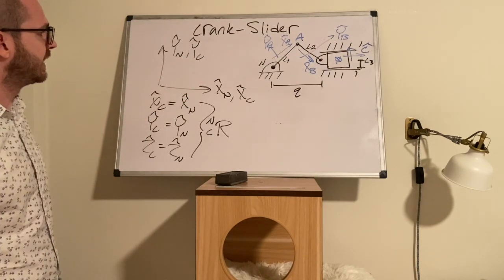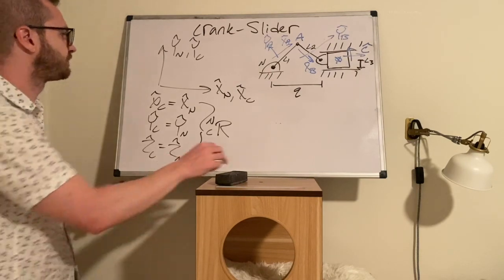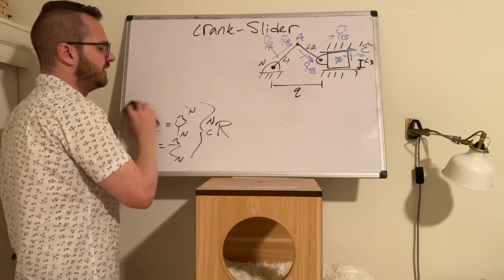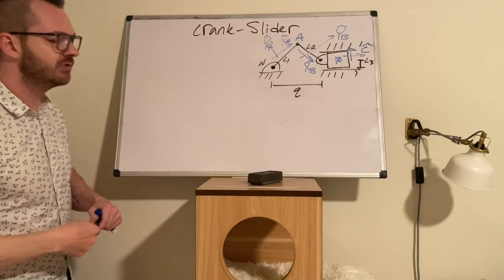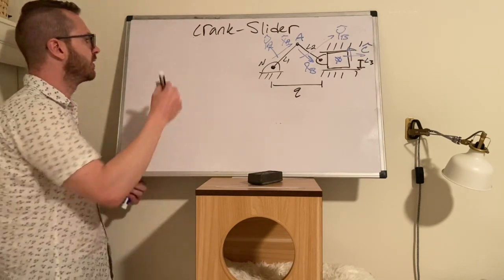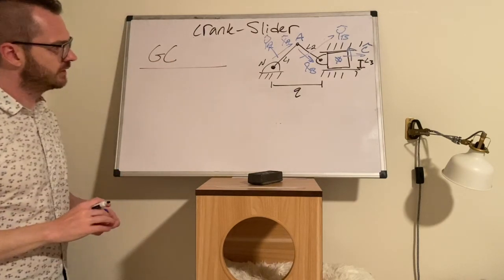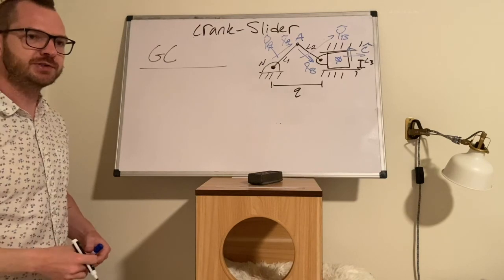Now, the problem statement was we want to know how many degrees of freedom there are. So what happens next? The next thing I'm going to ask you to do is list the generalized coordinates. They tend to come out of position and orientation.